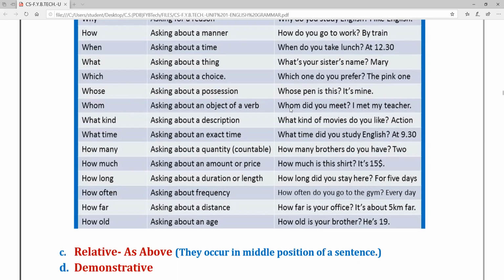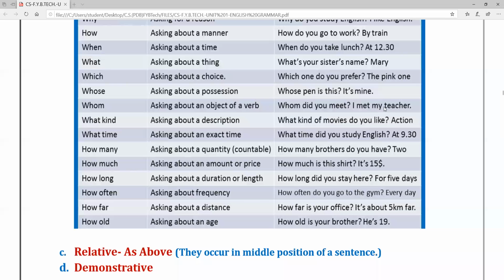Okay, whom did you meet? I met my teacher. Okay, here see this example. I met my teacher. Here I is the subject, met is the verb, my teacher is the object. Okay, and my teacher came after the met, that is verb. Okay, when it came after the verb, it functions as the object.